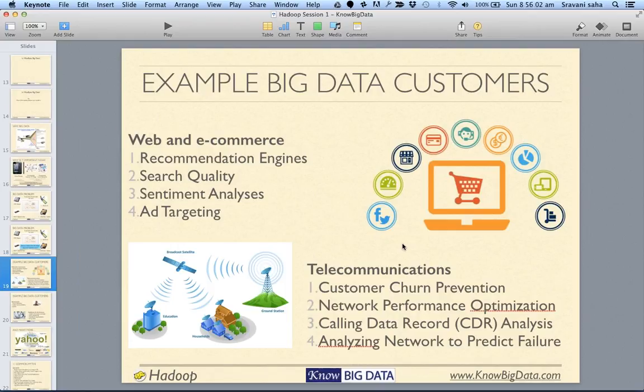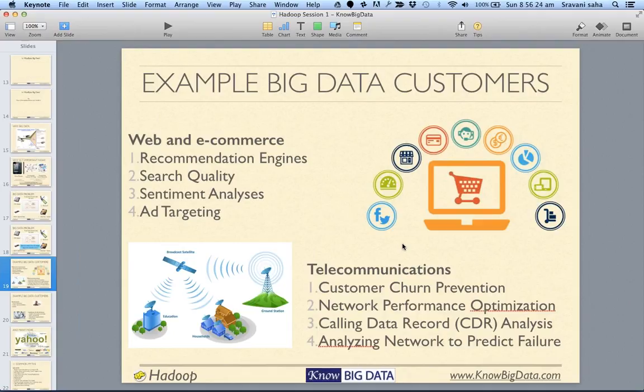Based on all of this, they are able to retain their customers by figuring out what exactly went wrong. And this is all possible by using big data technologies. The bigger the data, the better the results.